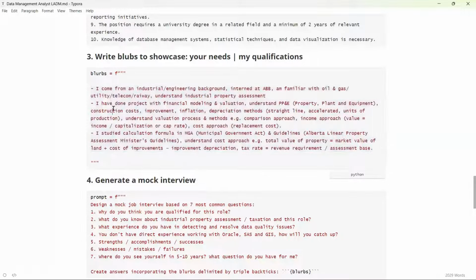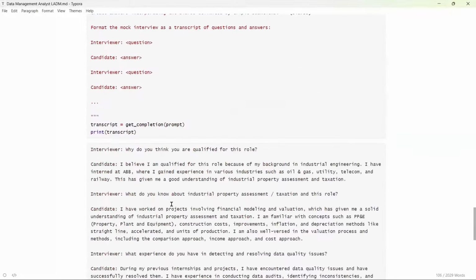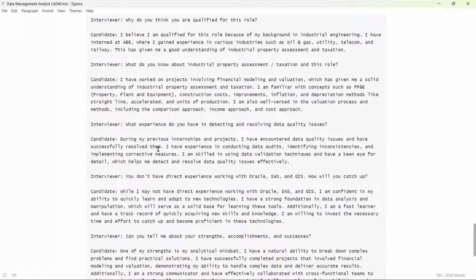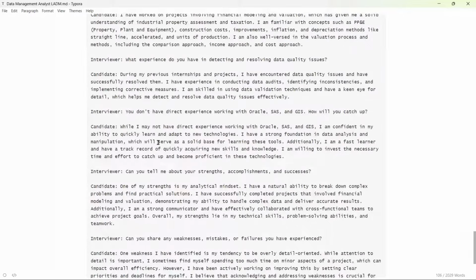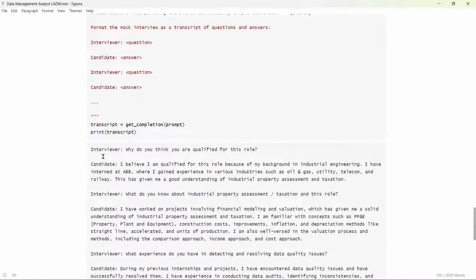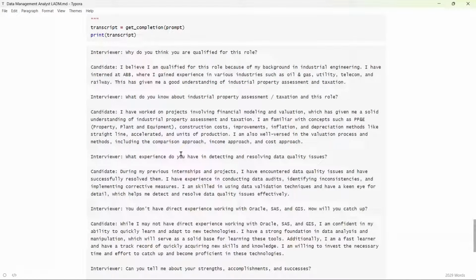And if you put that information into the blurb, ChatGPT is going to return a better transcript. And once again, you don't use this transcript blindly, but you use it as a draft, and then you definitely need to put in your own personal feelings and personality to make it sound like yourself, right?